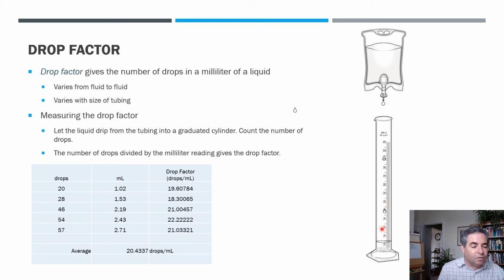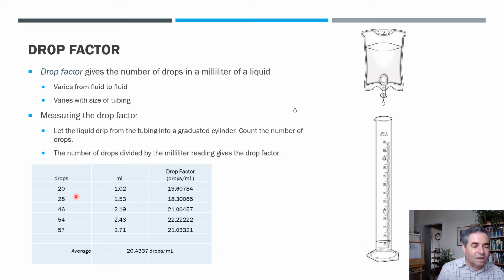So you're counting drops, and every once in a while you're going to stop, read the volume, and you'll have the drop count as well. If you divide the drop count by the number of milliliters, that gives you this drop factor. That gives you drops per milliliter. So that's what we're going to do.